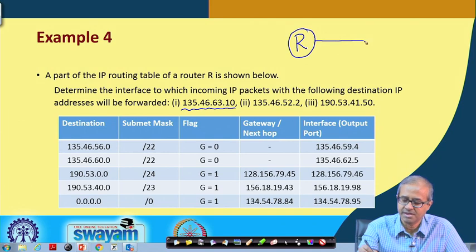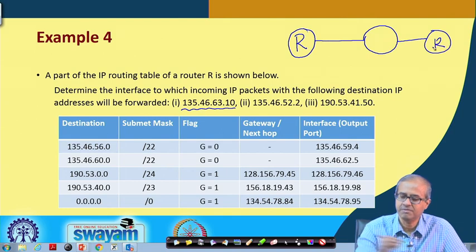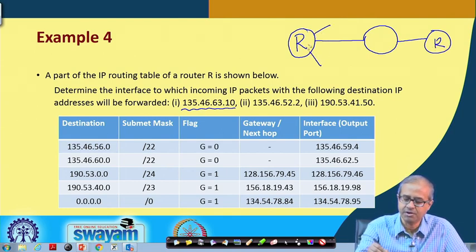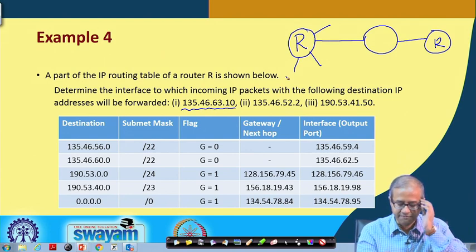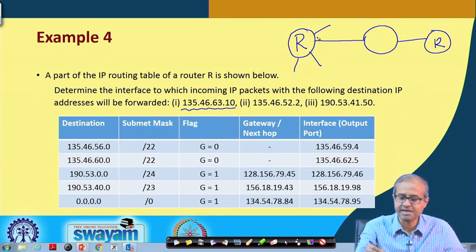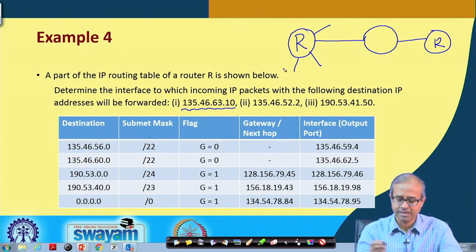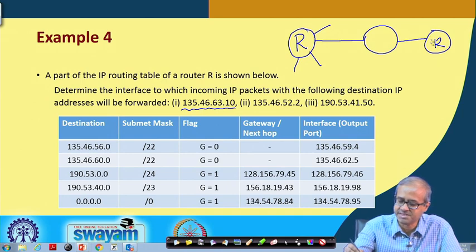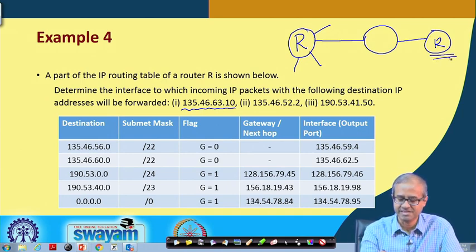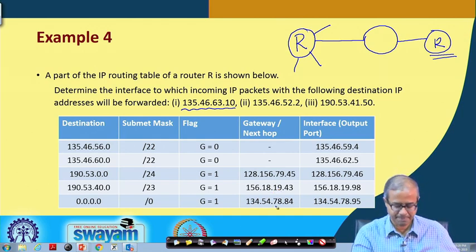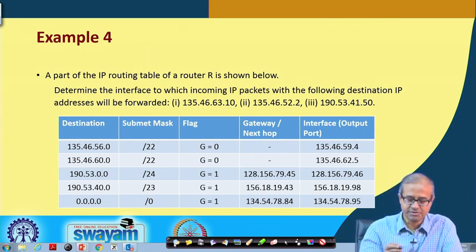This router may be connected to some other network, that network may have some other router, there may be multiple outgoing links. Now, if the destination is directly connected, you send it over the outgoing link, but if not, you specify that this packet has to be sent to some other router, that is the address of the gateway or the next hop. So, you can specify the next hop address also here as an optional choice.